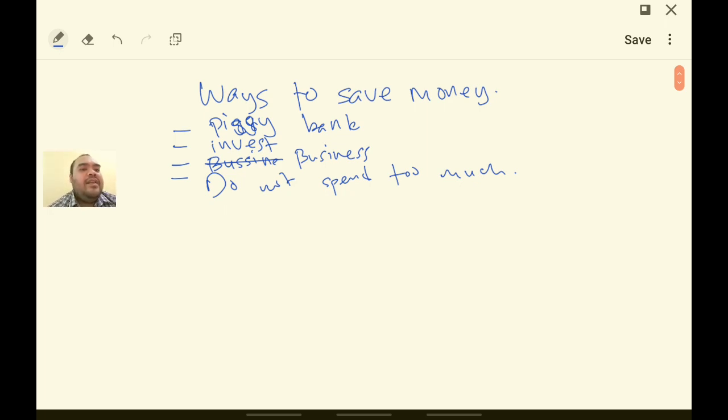Yeah, I think investment is a good way to save money. Business is also a good way, but you have to be active in business. But in investment, you can just buy, for example, gold, and then just keep it for some time, and then you can sell it at a higher price then.